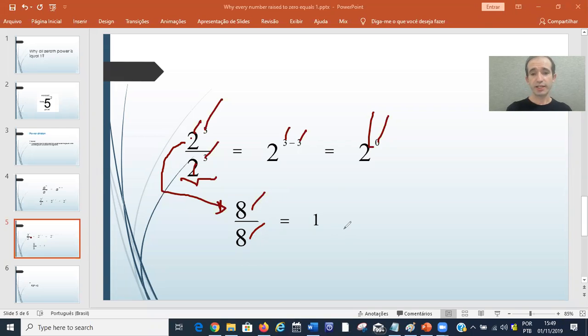8 divided by 8 equals 1, and we can realize here the answer. Why is any zeroth power equal to 1?